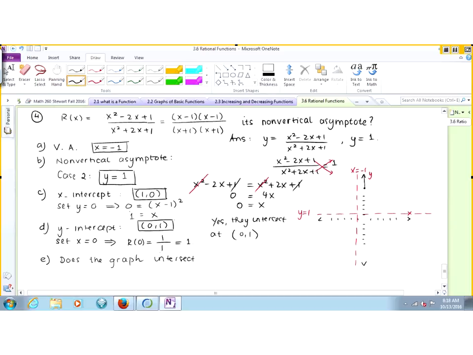I have to redo it again. Okay, so I have 1, 0, which is right here. Alright, and then what? And I have, is it 0, 1? Yeah, here, right?